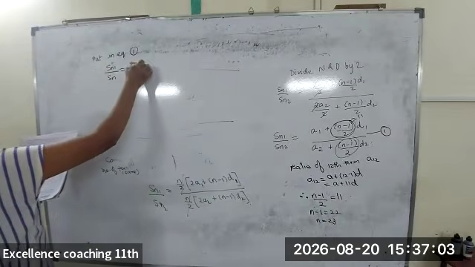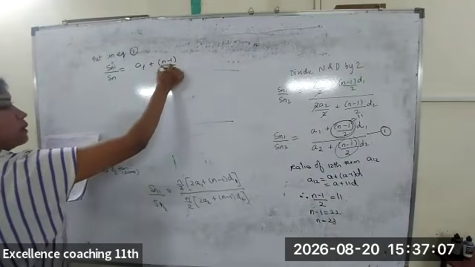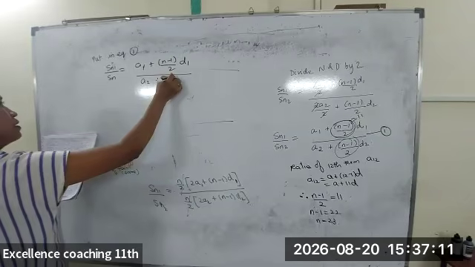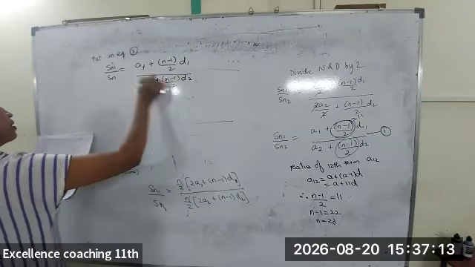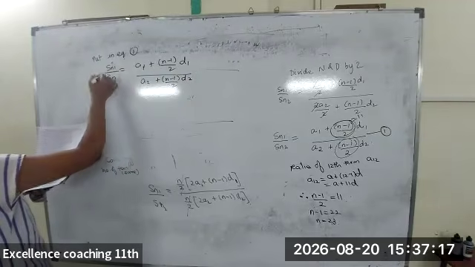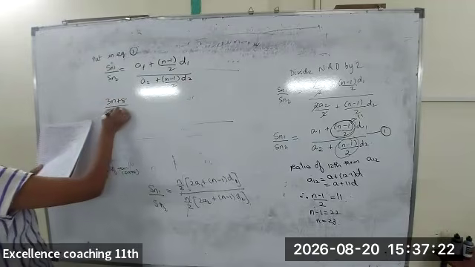I'll write equation 1 again. And what is the ratio given? Substitute that also. What is Sn1 upon Sn2 given? 3n plus 8 upon.